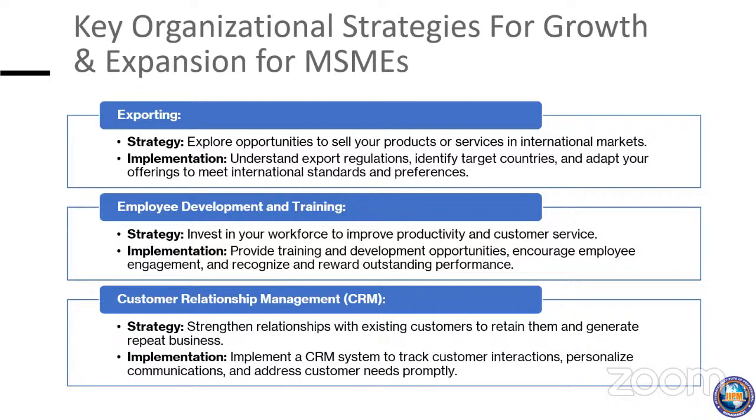There is massive exportation of human skills: IT, technical, medical, name them. So we have more exportation of services today than before. The strategy will involve exploring opportunities to sell your products and services in international markets. Implementation: understand export regulations, identify target countries, and adapt your offerings to meet international standards and preferences.